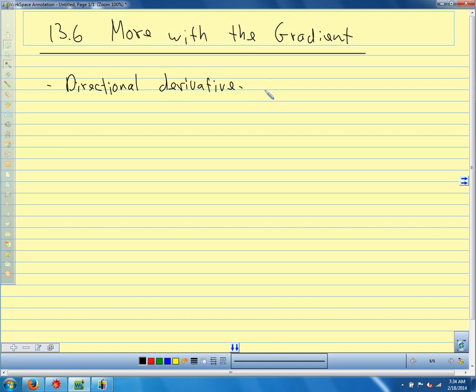And our directional derivative is, if we have z equals f of x y, we want the rate of change of f in any arbitrary direction. So that's what we were after on Thursday.